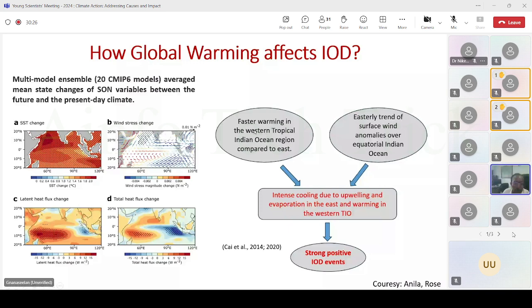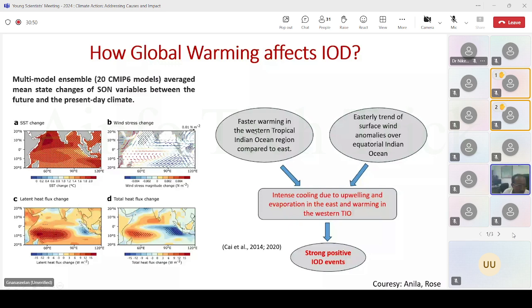So what are the characteristics of strong IOD events? We have looked at the strong and weak IODs. The shaded one is the SST in the strong IODs, and the right panels are weak IODs. You see a lot of changes in the strong and weak years, and the dashed contours are the Rossby waves.